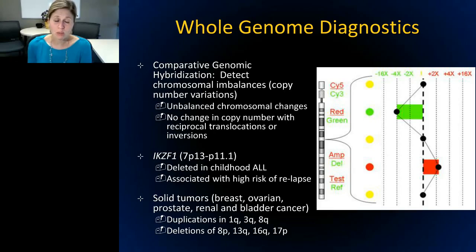I've just listed a couple here. There's actually several more that could be included, but in hematologic malignancies, the IKZF1 gene can be observed in childhood acute lymphoblastic leukemia. It is absent, and so we would see a change in the copy number compared to normal. And in solid tumors, we can see additions, duplications, deletions in various chromosomes.